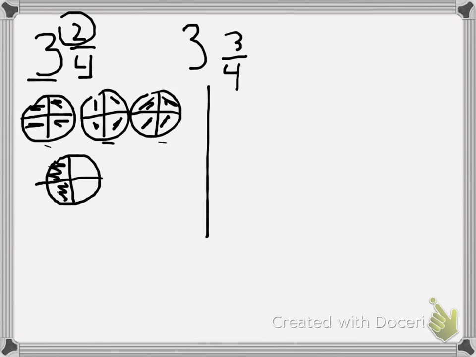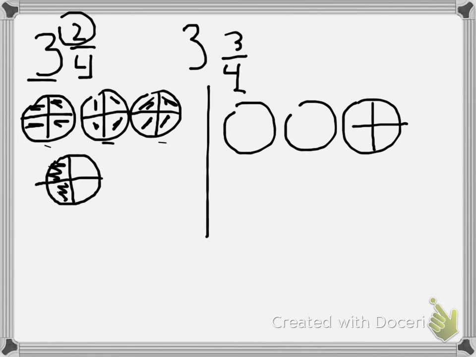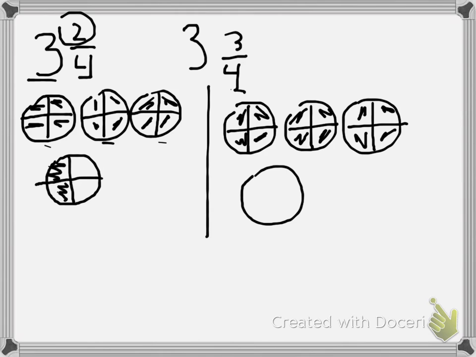I have 3 wholes that are divided into 4, so again I'm going to go 1, 2, 3, divide them each into 4s, because that's what my denominator is, and they'll all be shaded in because I have 3 wholes. Now for my last one, I have 3/4 of a whole. So I'm going to draw a circle with 4, and I'm going to shade in 3 because of my numerator.